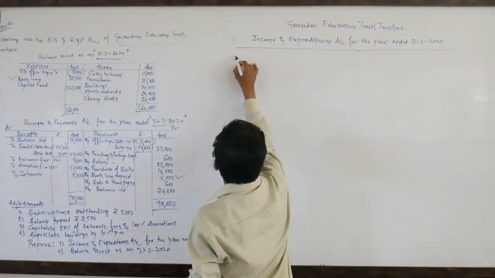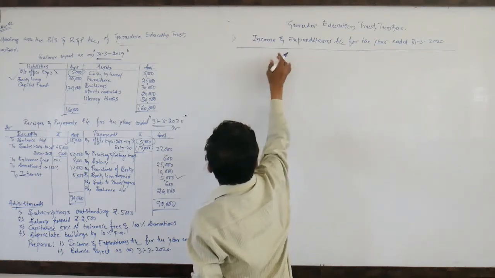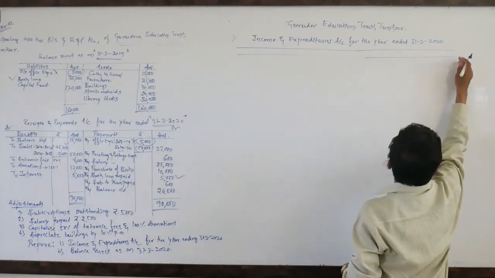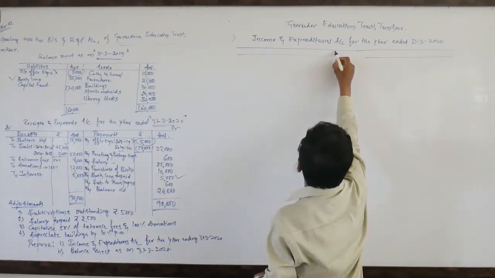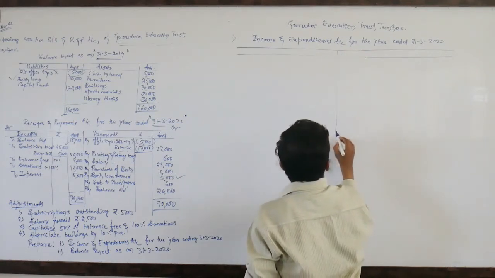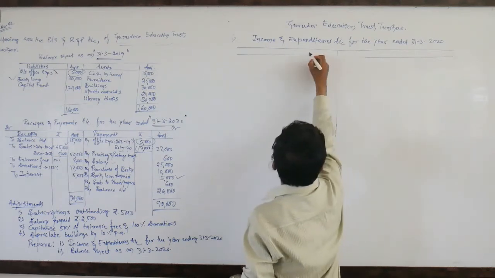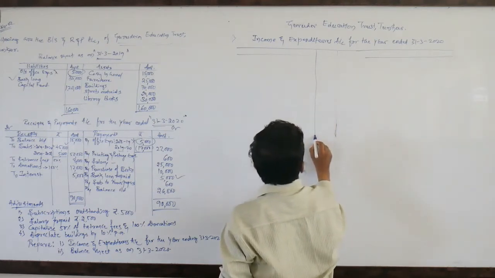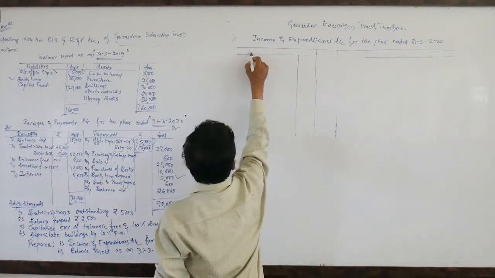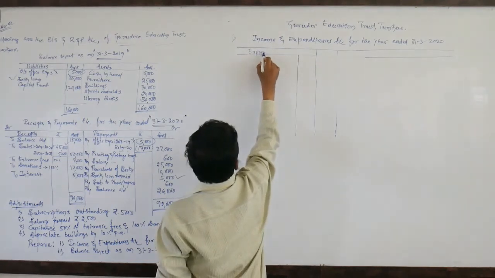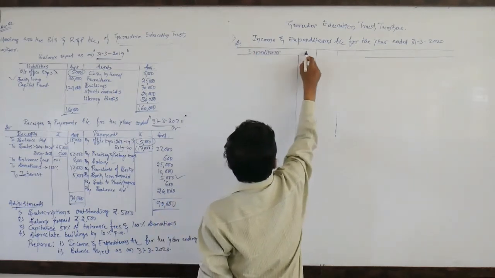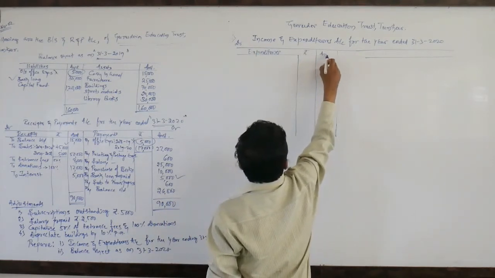We need to solve this income and expenditure account in the form of tabular form. Neatness is very important while solving this problem. This one is inner column, expenditures, debit side, rupees, amount.